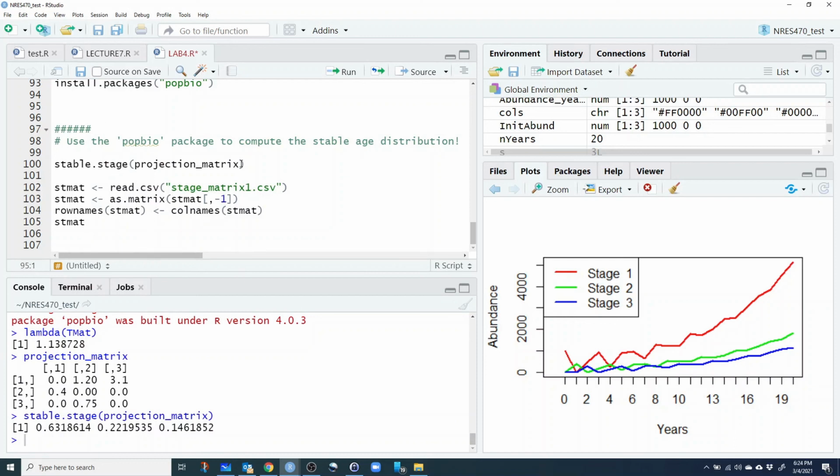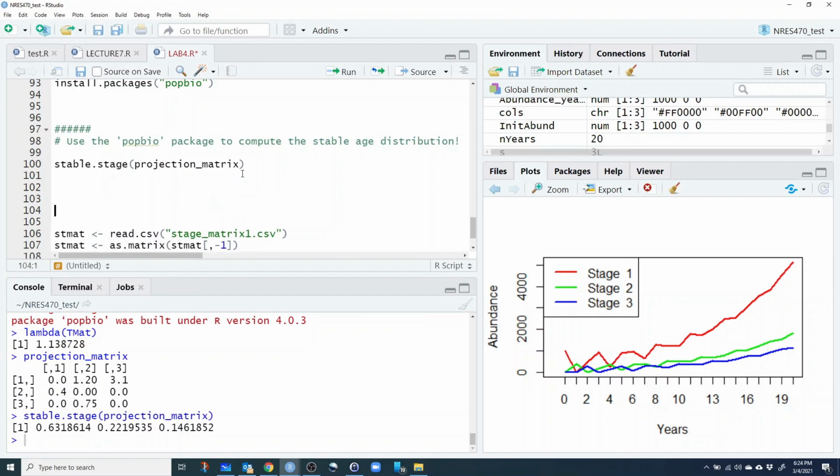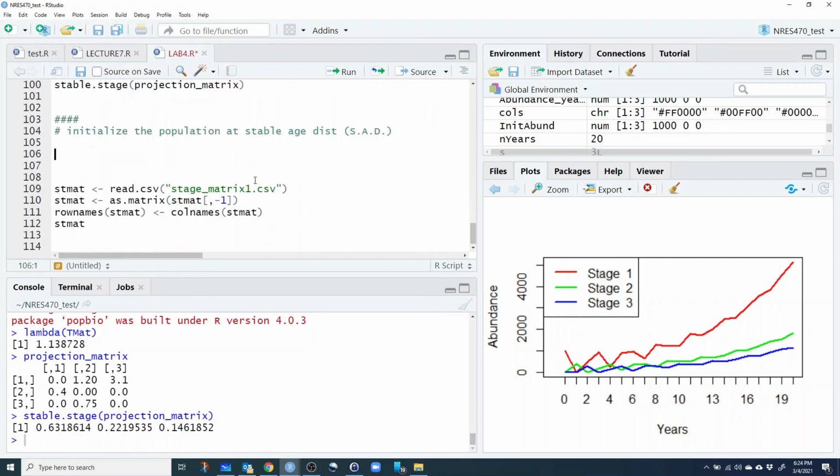So a couple of questions in Lab 4 ask you to initialize the population at stable age distribution, or stable stage distribution, right? SAD, stable age distribution. All right, so how to do that?